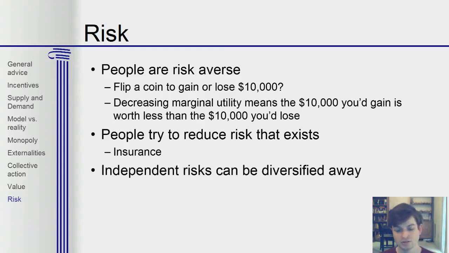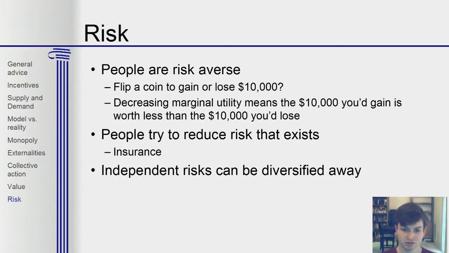Now, it's worth talking about what it means for a risk to be independent. A risk is independent if it's not correlated with other risks. Most of the time that people die is unrelated to whether someone else is going to die.